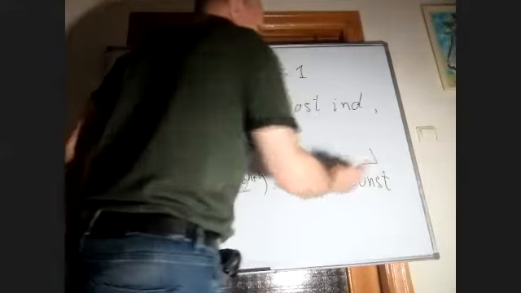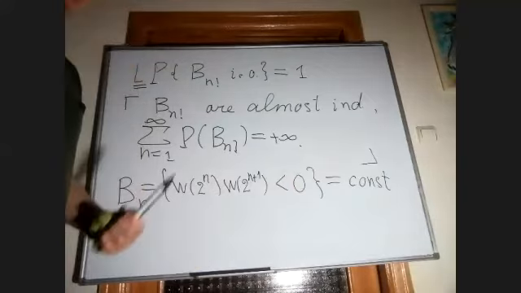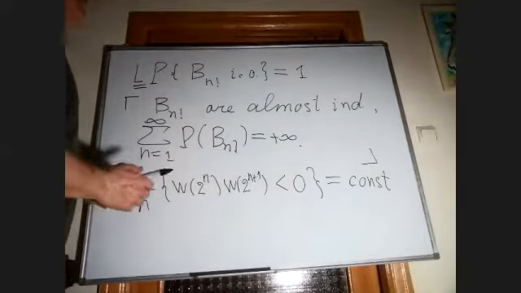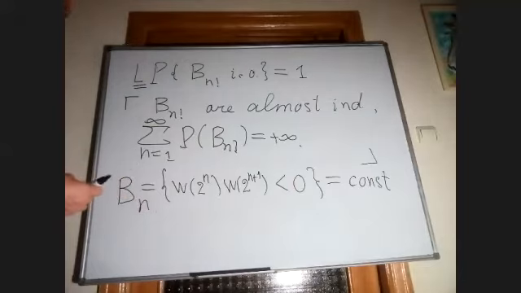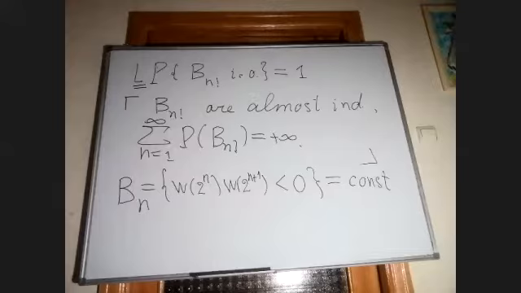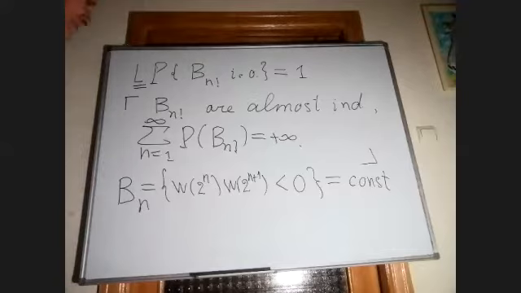Of course, this is just an idea, because almost independent, we have seen, means that correlation disappears, but this is just some technical detail. The reason is, as I explained to you, the constant probability here and the independence of more or less increments of the Wiener process on long intervals of time.